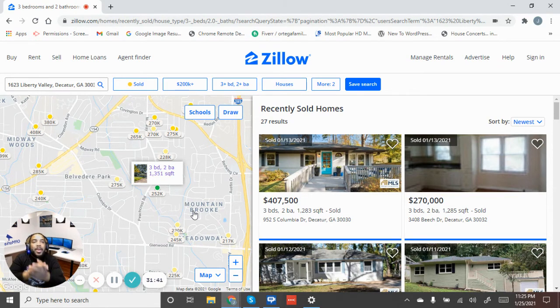So basically, if you guys get the idea, you are looking at the physically closest homes in the area where your home is, which in this particular example is right here. So we're looking at the closest properties around there and working our way out, right?